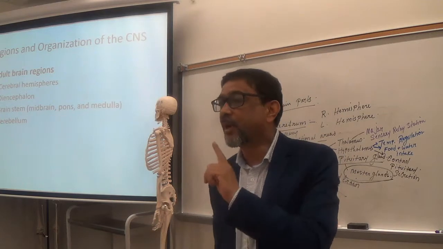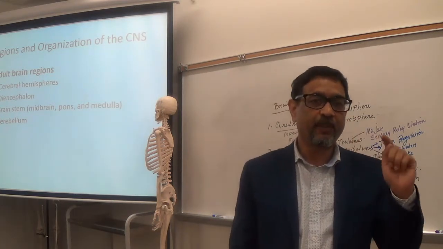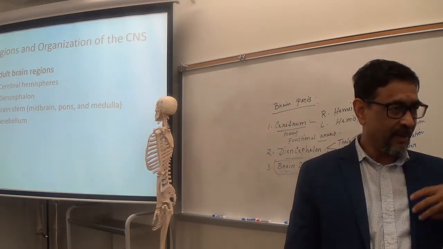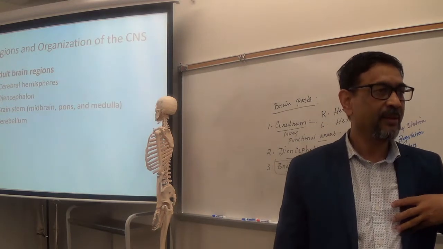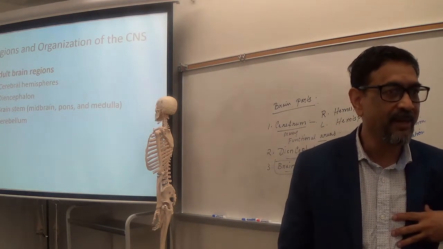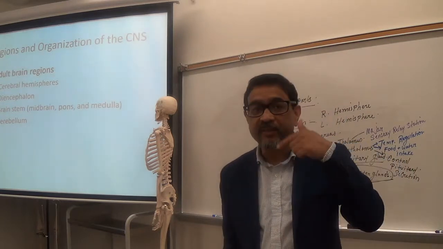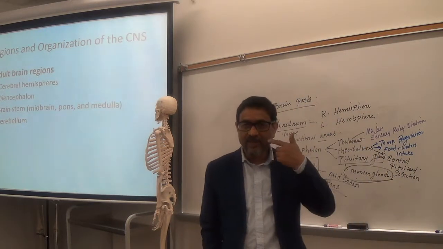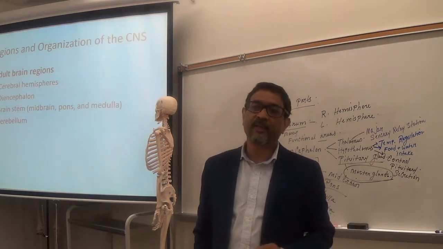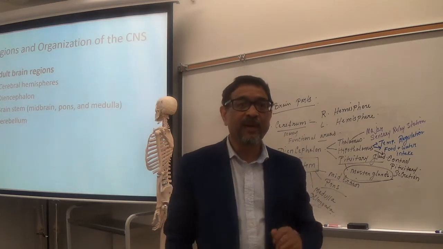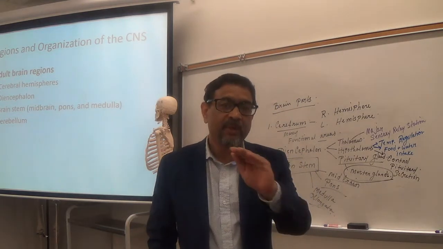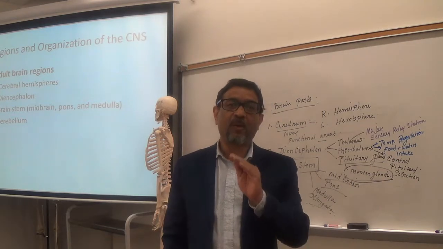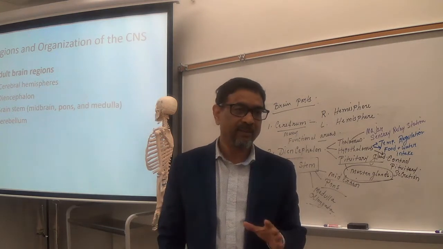For example, your cardiac centers, your respiratory centers. Cardiac centers regulate what? The function of the heart, right? Respiratory centers regulate your breathing. Make sense? So those centers are located in the brainstem. That's why a brainstem lesion can cause immediate death.